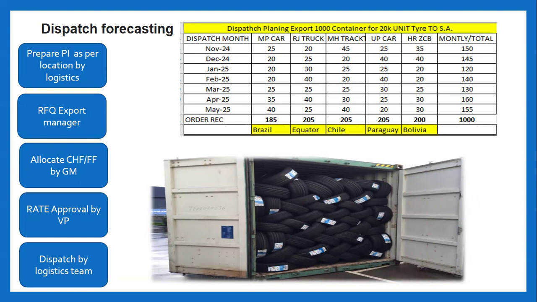If you see, there are 4 weeks in a month, so we will divide these 150 containers weekly in the month of November. Since 150 containers need to be dispatched in 1 month, at least 38 containers must be dispatched in a week.